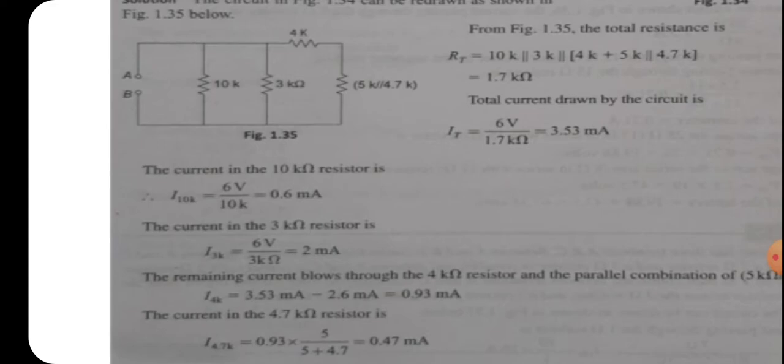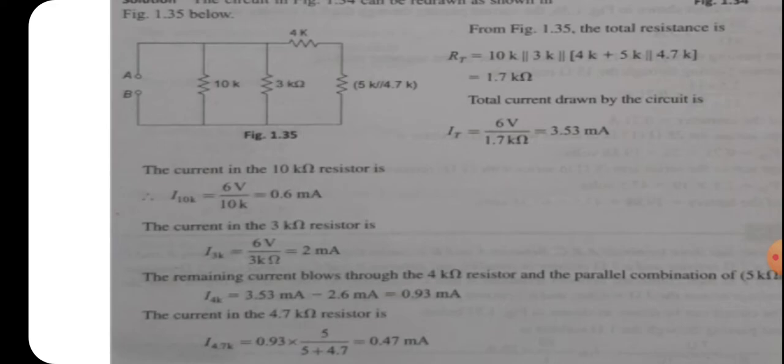Also you know the value of total current. Then you can find out the current through the series combination of 4K and the other resistor. You know that total current will be the sum of every branch current. So the current through the series combination of 4 kilo ohm resistor and 5K parallel to 4.7K will be equal to total current 3.53 minus 0.6 milliampere minus 2 milliampere.